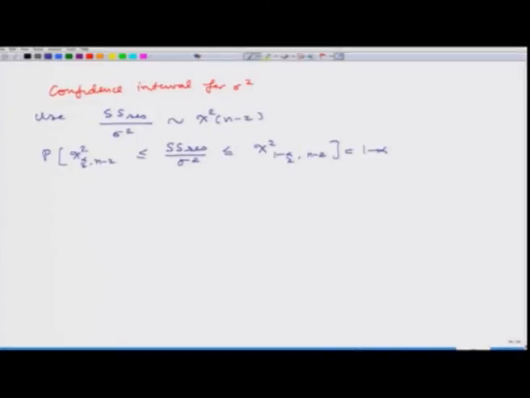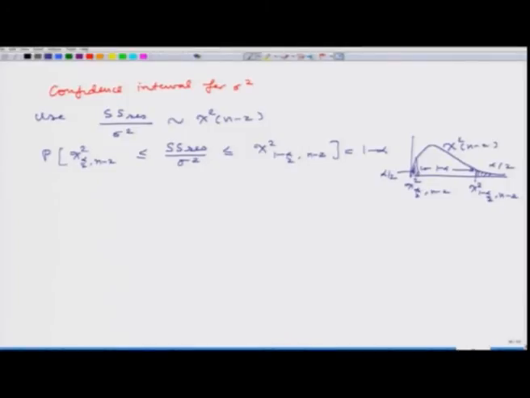You have to just keep in mind that chi-square is not a symmetric distribution like the normal distribution or the t distribution. So, that is why this distribution may look like this, and in this case we say that this is our alpha by 2, and on this side this is alpha by 2. So, if I say that this is our chi-square alpha by 2 with n minus 2 degrees of freedom, then this point becomes chi-square 1 minus alpha by 2 with n minus 2 degrees of freedom, and this mid part is 1 minus alpha, and this is the probability density function of chi-square with n minus 2 degrees of freedom.